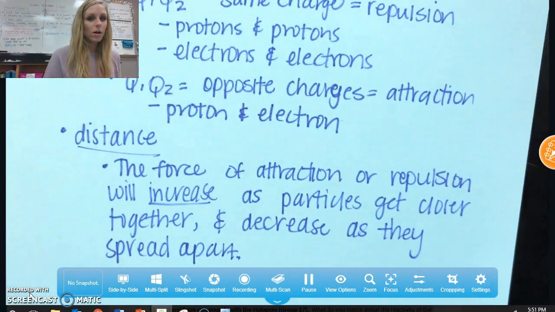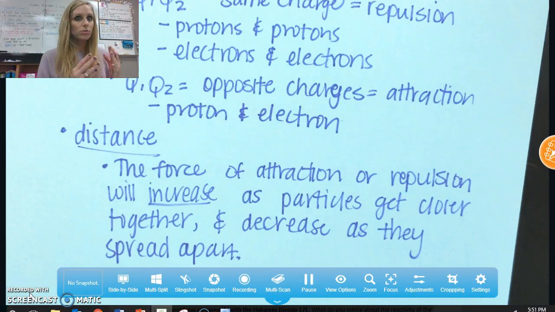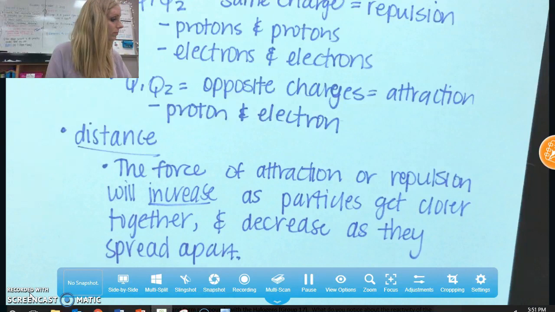Okay, so that's talking about distance. The closer they are, the stronger their attraction. The further they are, kind of the less attraction they have for each other.